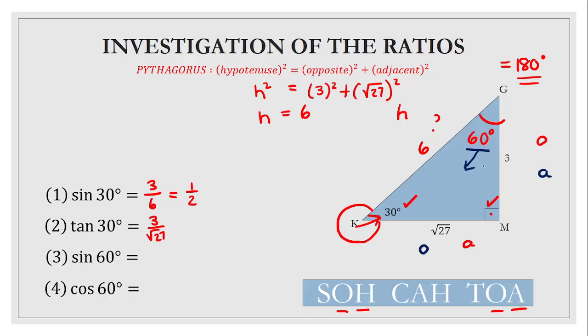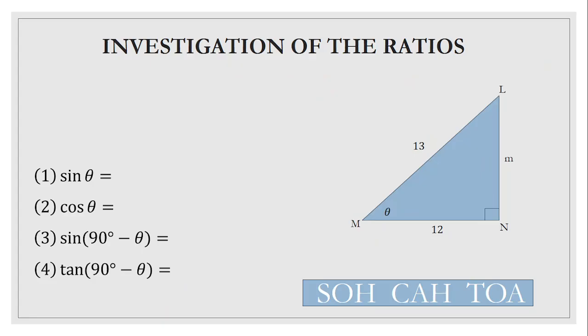We're going to look at sine. So that's going to be square root 27 over 6, and then cos, which is 3 over 6, which is half. Great.